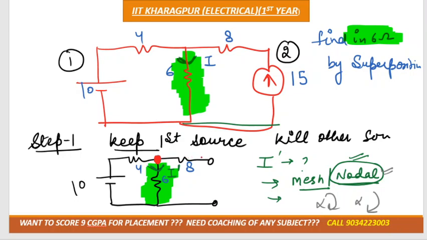It is an open circuit, sorry. So is there any current flowing across 8 ohm? No. So current across 8 ohm would be 0. That means this is not a node, right? Because if no current is flowing, it means there is no existence of wire, right?